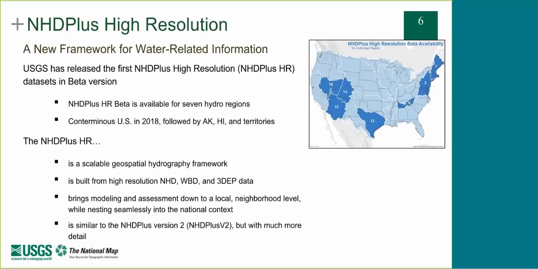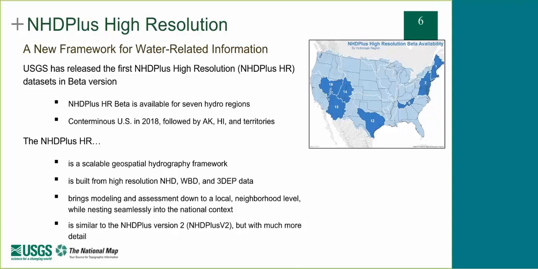So I wanted to just start out and give you a brief introduction to the NHDPlus High Resolution. We've just released it in beta version for these 7 hydrologic regions that are shown in dark blue there on that inset map.